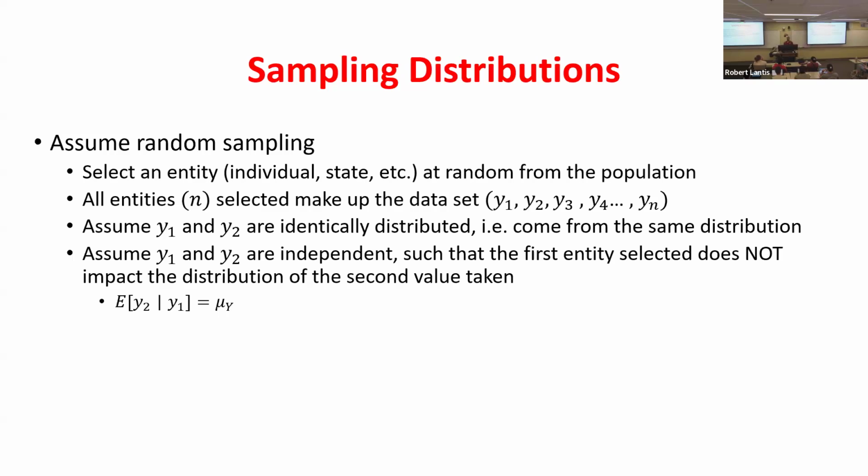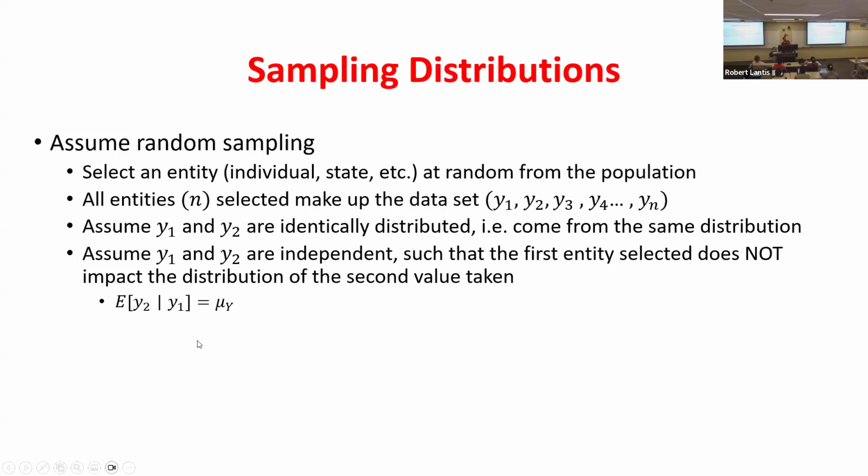A lot of times when people are building samples, if I call in for a survey and someone answers and will talk to me, maybe I ask if there's anybody else in the household. Well, the problem is they are likely to have correlated views, even if I'm asking questions on political views. If they live in the same household, the other members are likely to have views correlated with the person who answered the phone. So now the expected value of the political view I'm going to get is different than if I was just randomly sampling from the whole population. So we can see this violated in practice.